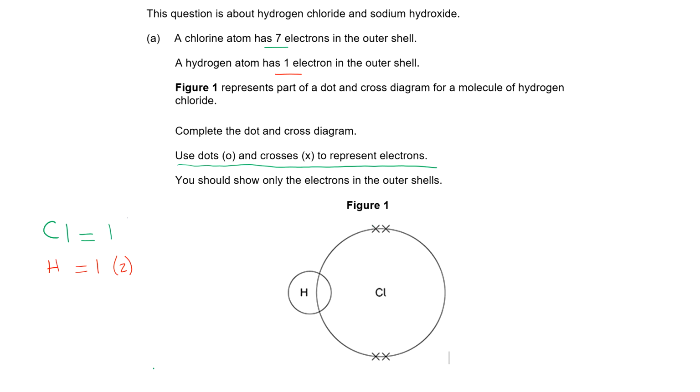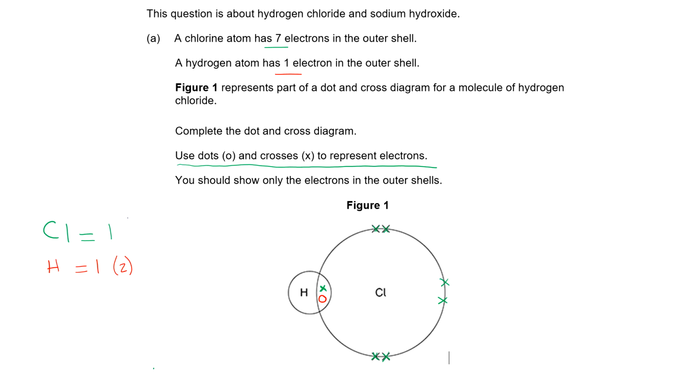They've already put 2, 4 in, so 5, 6, and that 1 electron that it needs to share with hydrogen we need to put in the space between where the circles overlap. And then of course hydrogen just needs 1 electron that it's going to share from chlorine, which we've already got in there, and we'll go ahead and plot our 1 electron that hydrogen has. Don't forget to do it as a dot, and then we've shown our covalent bond.